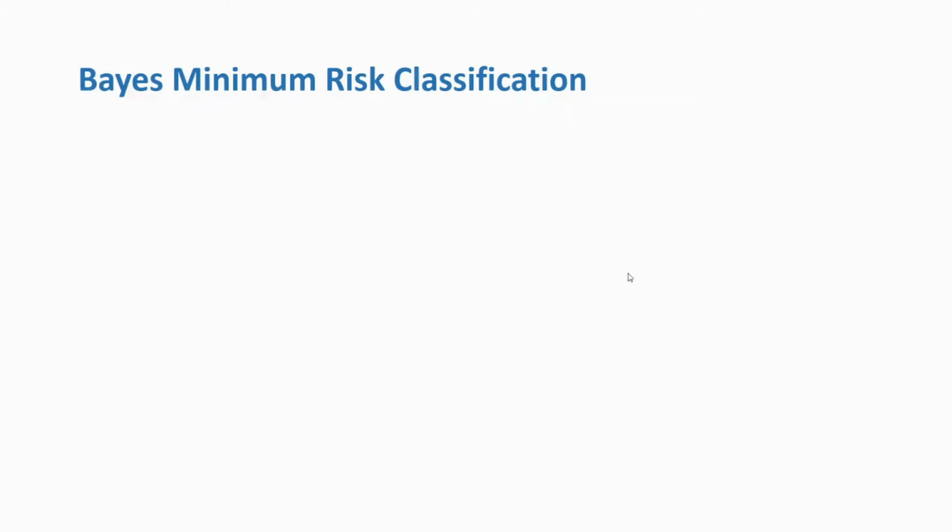Suppose omega i, and this i will take the values 1 to C. So in case of Bayes minimum error classification, what did we consider? Only the set of classes.